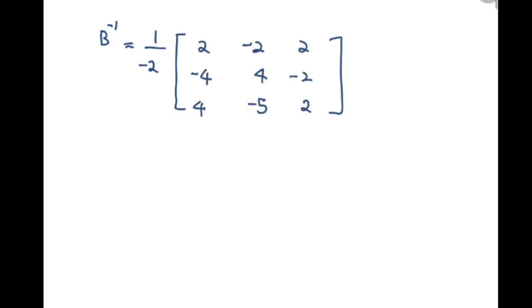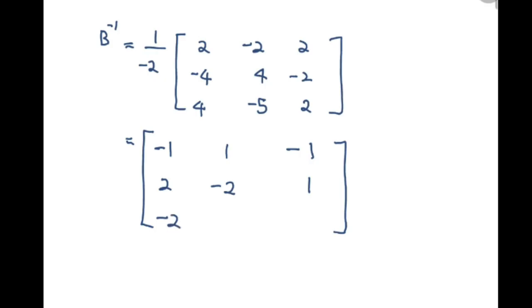And then don't forget to multiply all the elements in the matrix into the matrix again. 2, negative 2, 1, negative 2, 5 over 2, and negative 1. Okay, that's how you find the inverse matrix by using adjoint method.